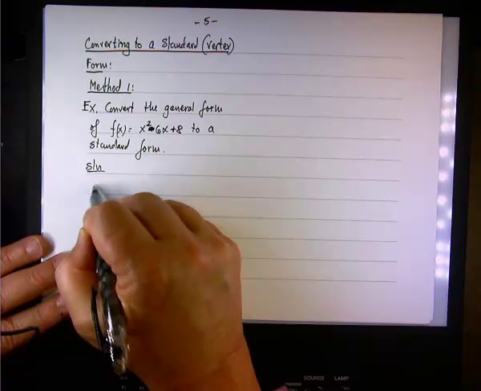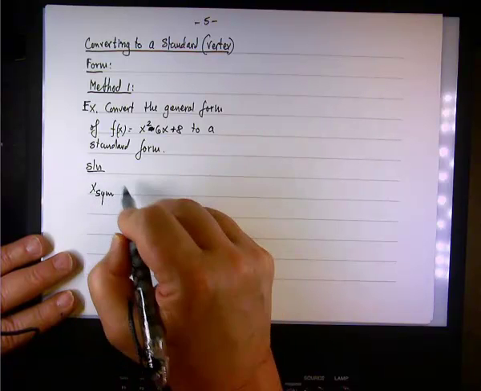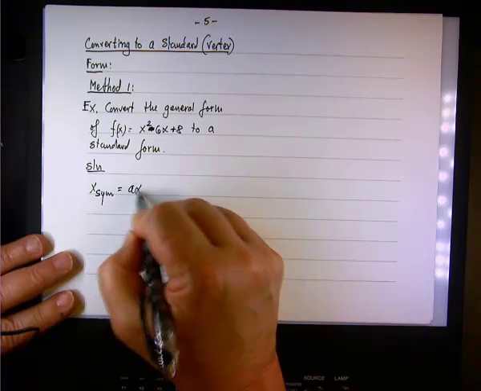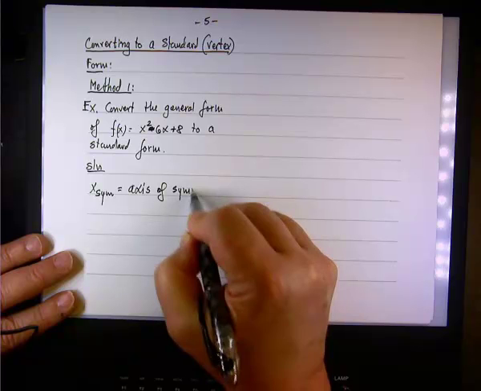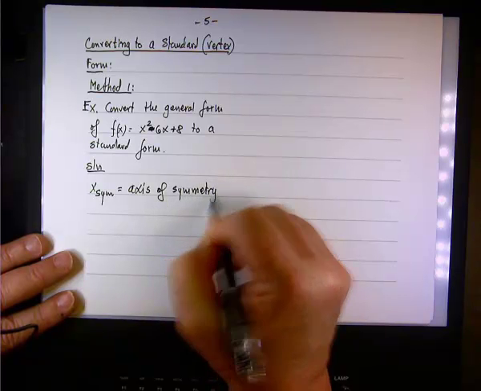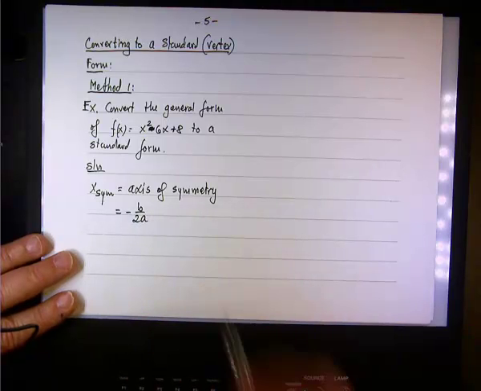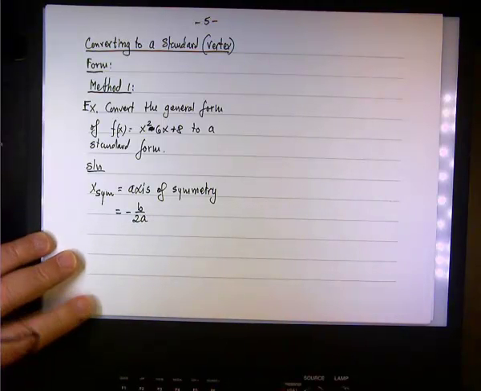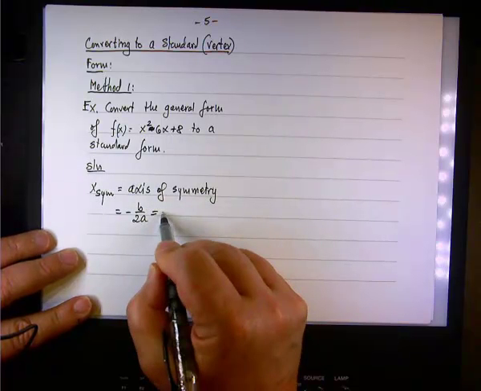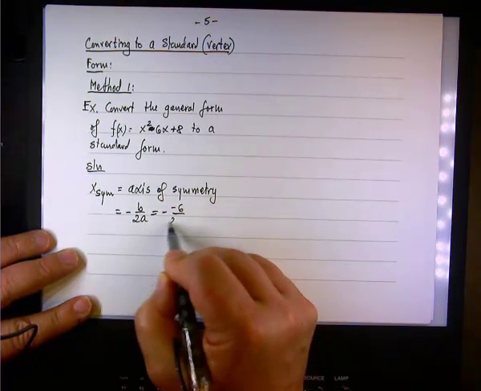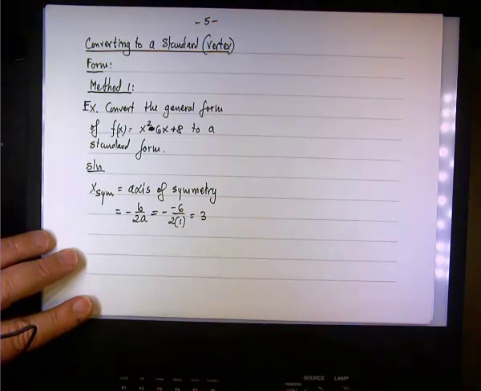So if we let x sub sym equal the axis of symmetry, if you recall, we had a formula for that. It was negative b divided by 2a, right? In our case, it would be negative of negative 6 divided by 2 times 1, so it would be positive 3.